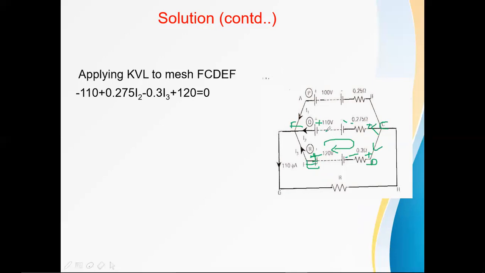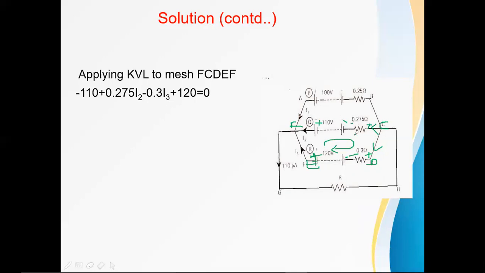Here both are dependent. Here 110 is dependent on 100 and this 120 is dependent on this resistance. So I can follow either 110 volts or 120 volts. Since 110 is very small compared to 120, I am going to follow from 110 volts. So 110 volts is the leaving sign, -110, and here my leaving sign is positive voltage drop. Positive with voltage drop is nothing but current and resistance.